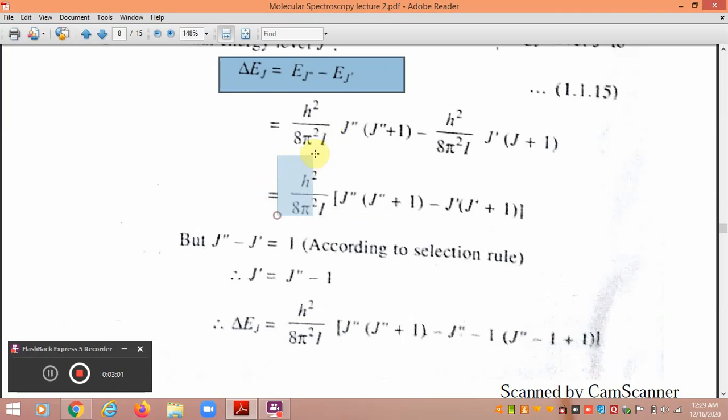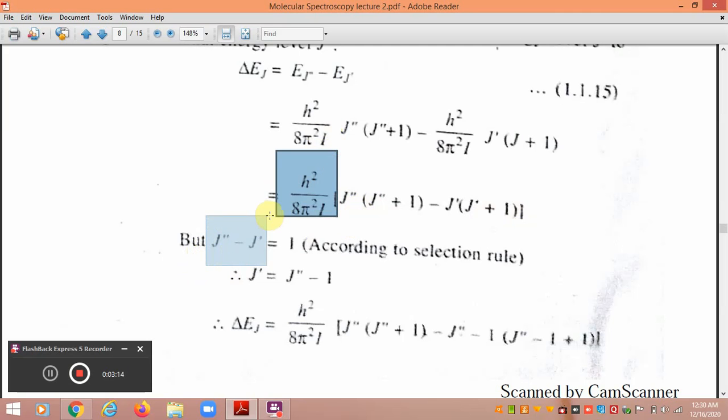Here we have this term as a constant, so in the bracket there will be only the remaining terms. The difference between the two rotational energy levels, J double prime minus J single prime, is equal to 1. Therefore J single prime will be equal to J double prime minus 1.